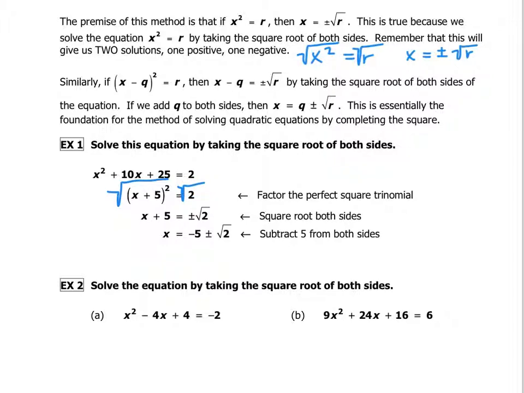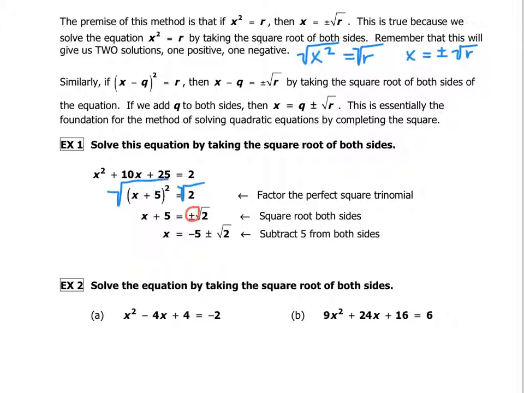So the square root of x plus 5 quantity squared is x plus 5, and this equals plus or minus the square root of 2. Always remember, taking the square root of both sides is going to give you two answers, one positive and one negative. Now subtract 5 from both sides, and so here's what we get. X equals negative 5 plus or minus the square root of 2. And that's the solution for x in this particular equation.